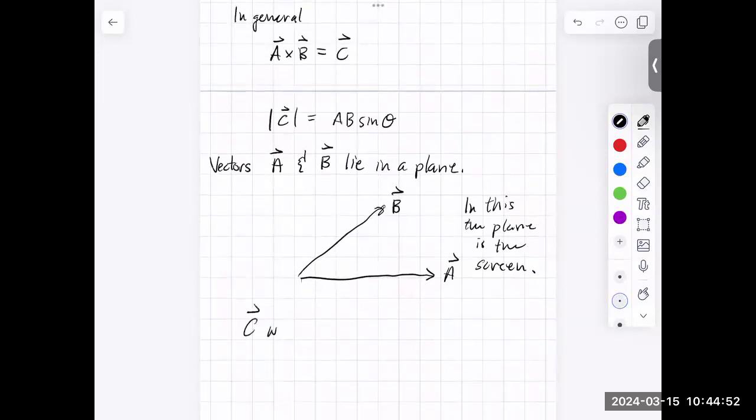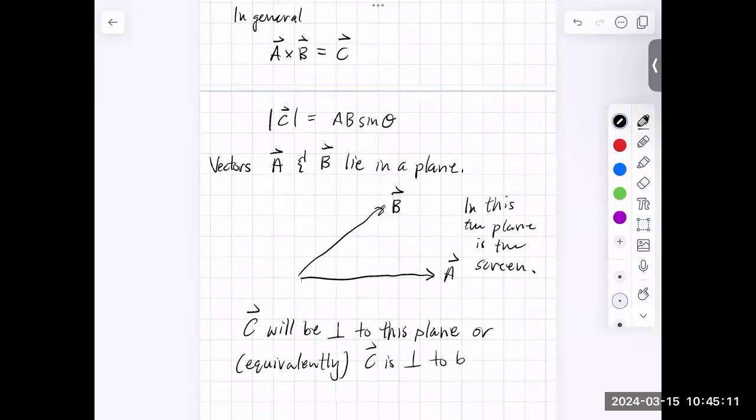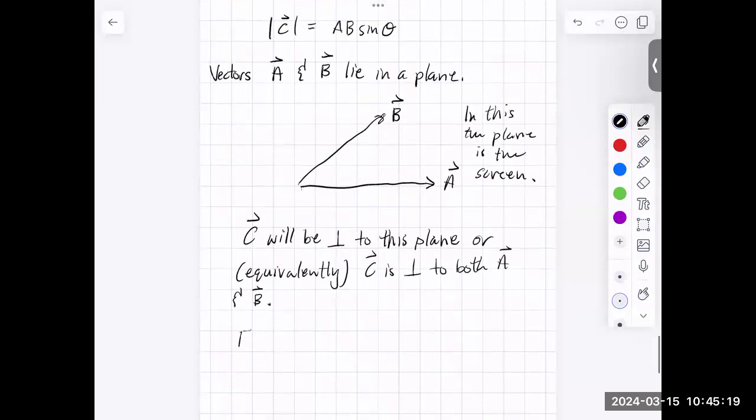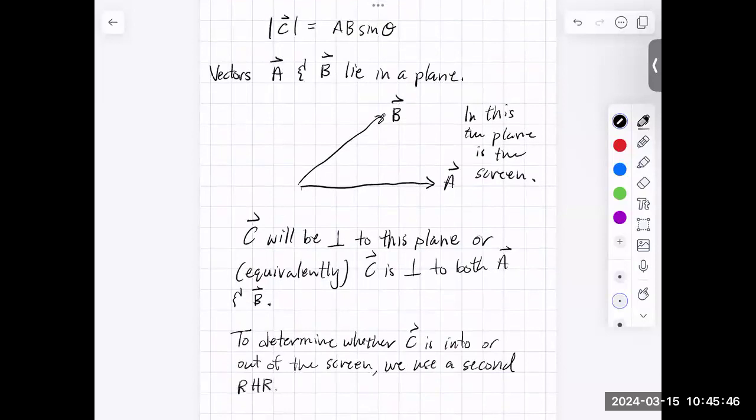So C will be perpendicular to this plane, or equivalently, C is perpendicular to both A and B. So to determine whether C is into or out of the screen, we use a second right-hand rule.